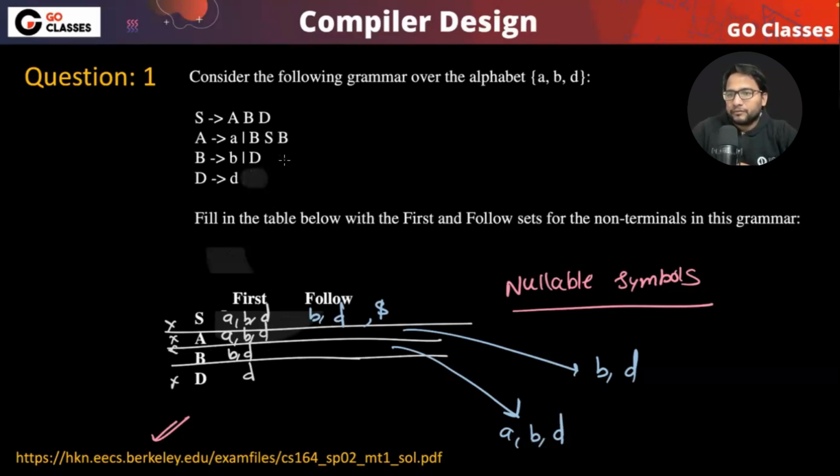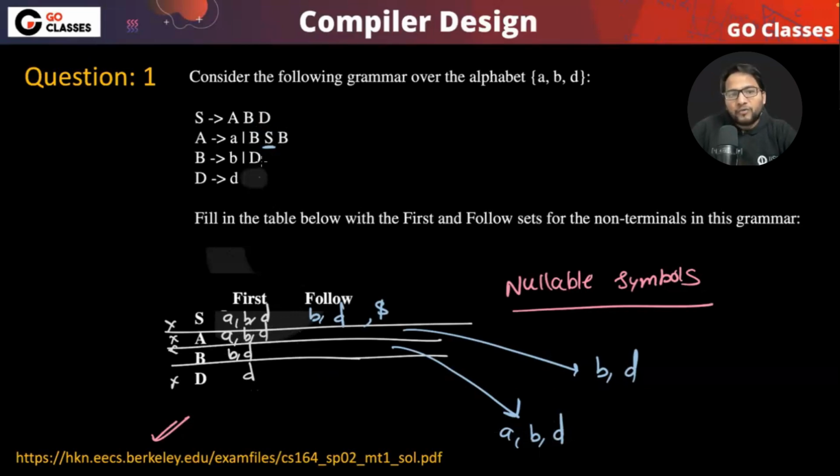So it will be a, b, d. And what is the follow of capital D? From here also you need to write the follow of capital B. So the follow of capital B will be the first of capital S, which is a, b, d, and the first of capital D, which is anyway d. So you don't need to worry much.